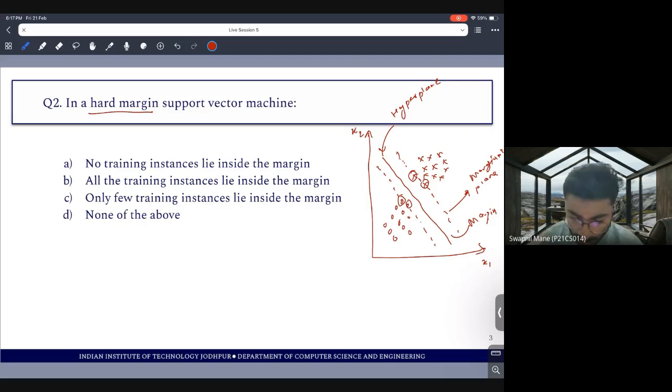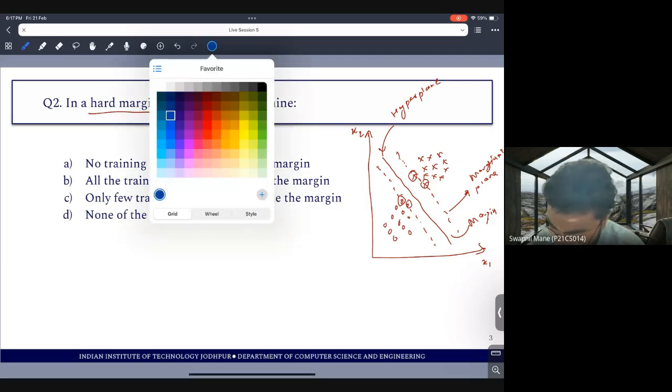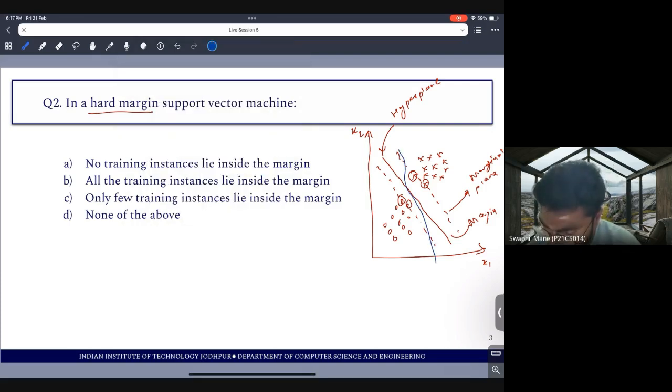Suppose I draw a decision boundary here, in this way, which has a very small marginal distance. Okay, we randomly draw here. You can see the marginal distance is very low compared to this line. But in future, in our prediction task, a new instance comes into the picture, which falls here.